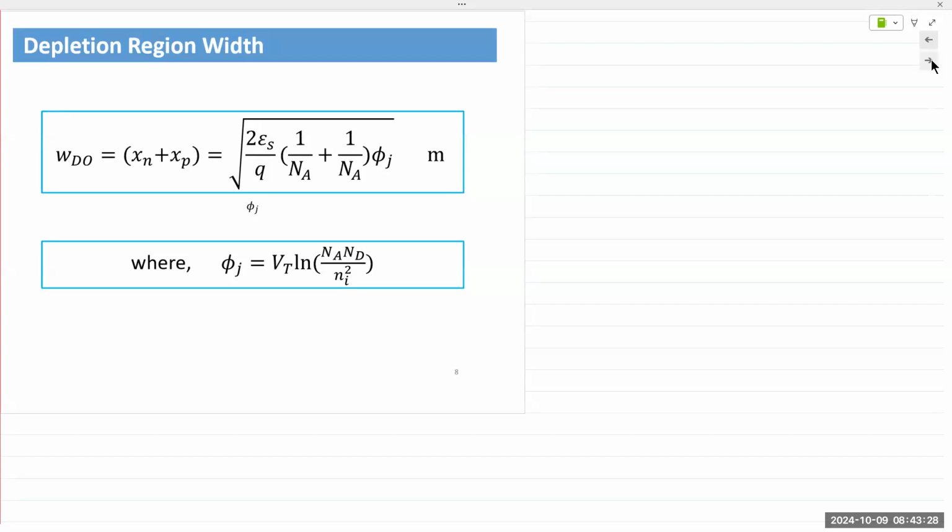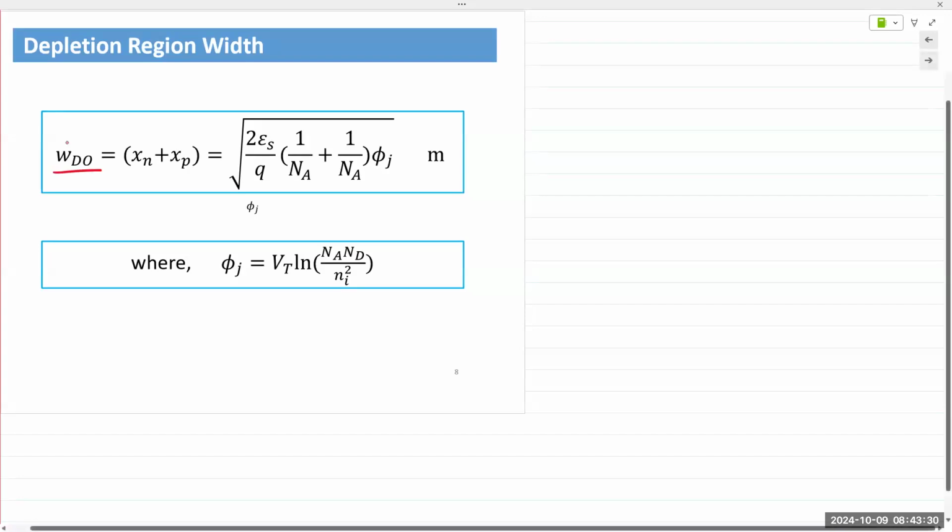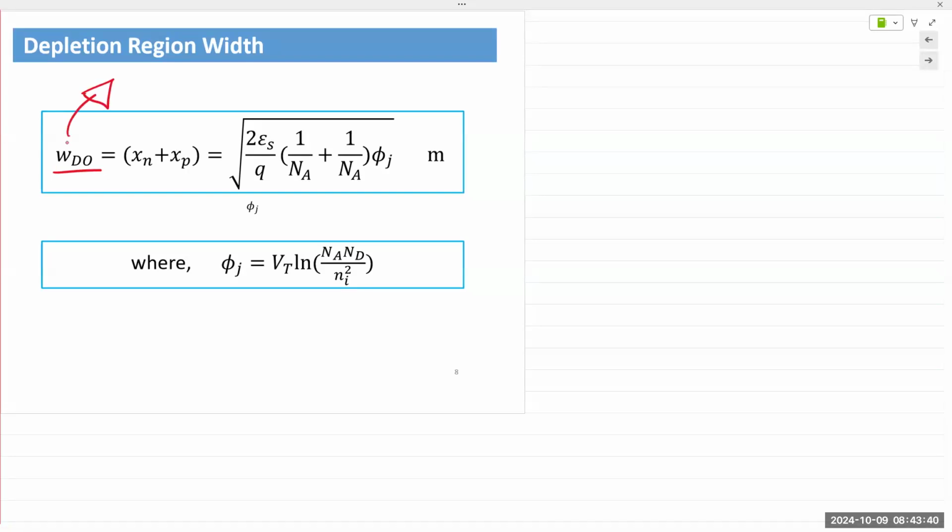WD0 is basically the width of the depletion region. Again, this is a lowercase w. We're only limited to 26 letters, so a lot of the letters are used for multiple quantities. In this case, WD0 stands for the width of the depletion region, and so how far into the material the depletion region will extend.